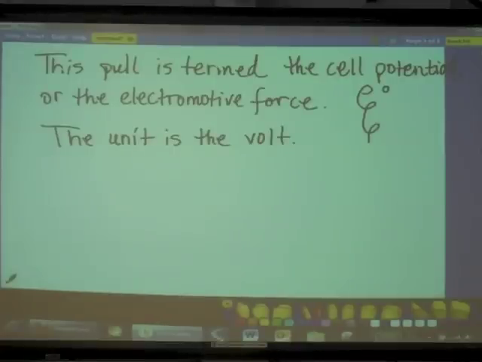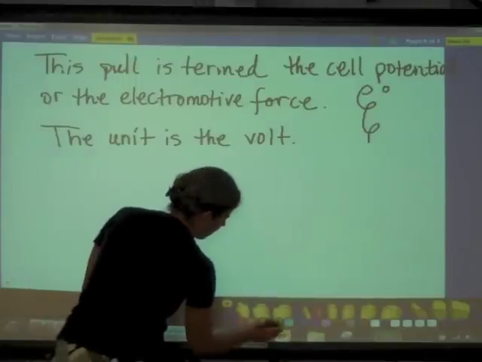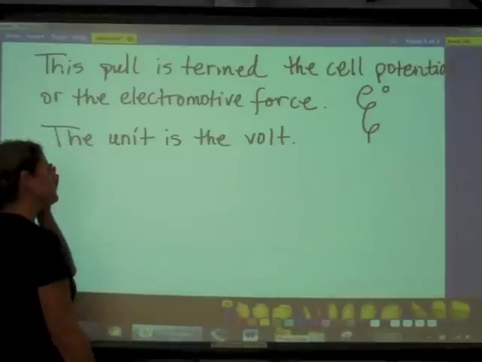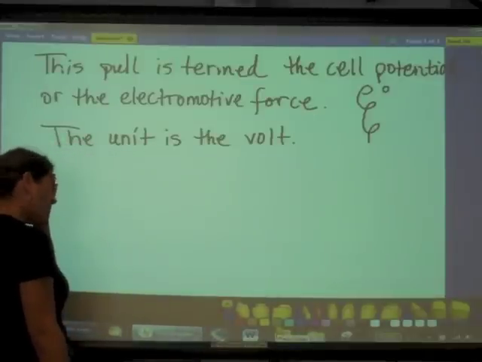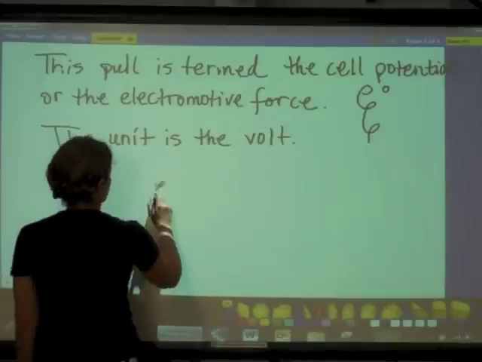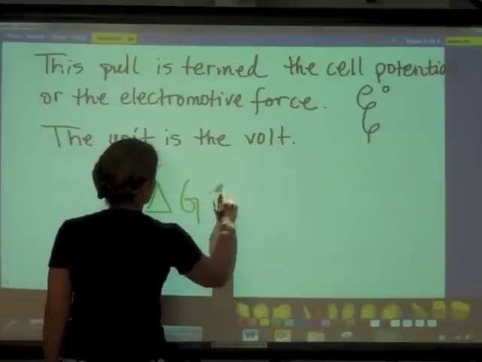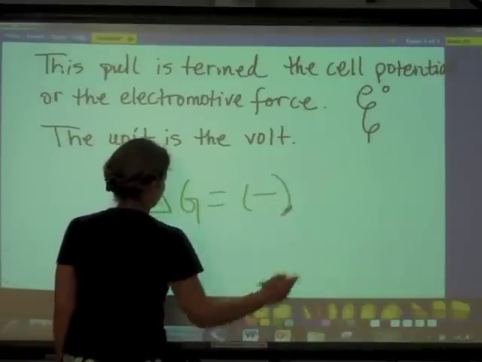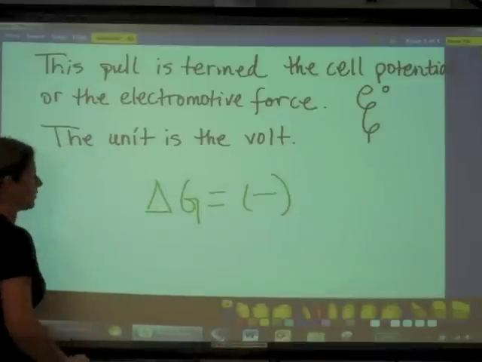And keep in mind again, one more time, that for all galvanic cells, the delta G is always negative, meaning that the thing is spontaneous.